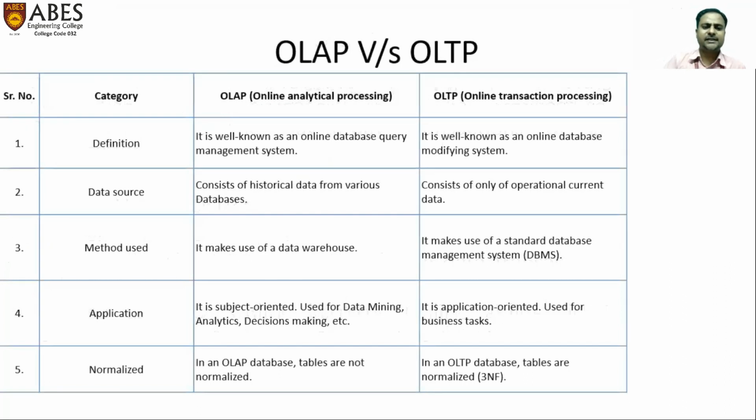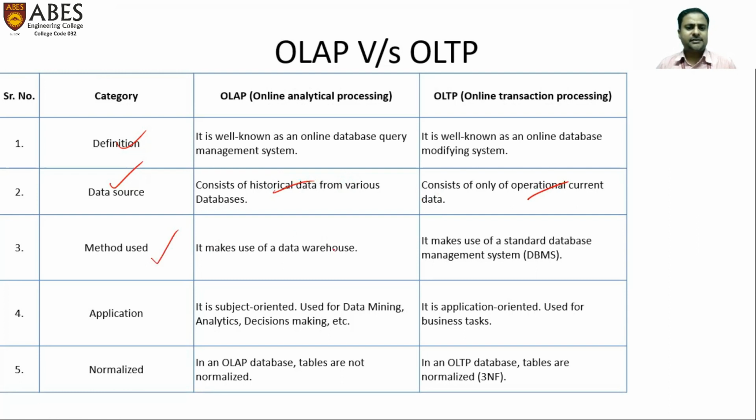So here one can see the difference between OLAP and OLTP. As per the definition, OLAP is online analytical processing and OLTP is online transaction processing. In data source, OLAP consists of historical data whereas OLTP consists of operational data.